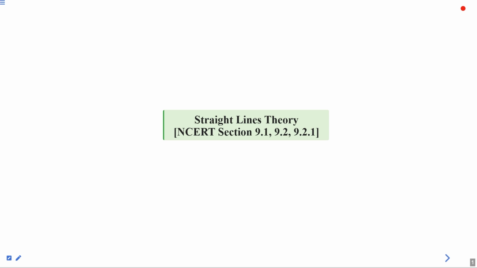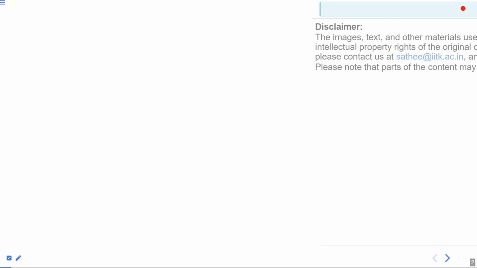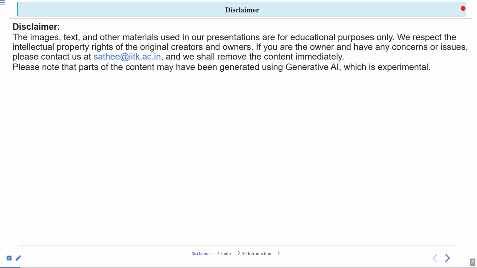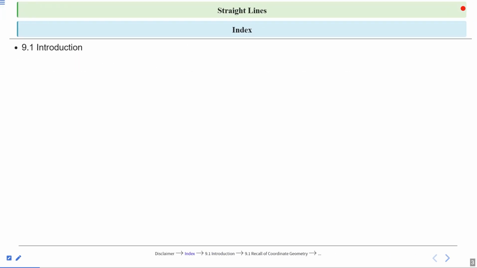In this lecture, we will discuss NCERT sections 9.1, 9.2 and 9.2.1. First, 9.1 Introduction.